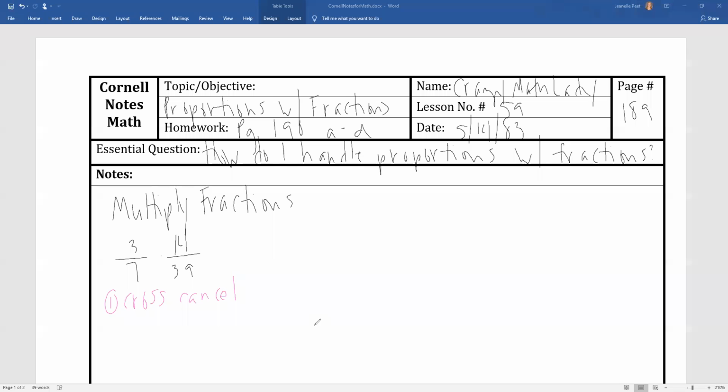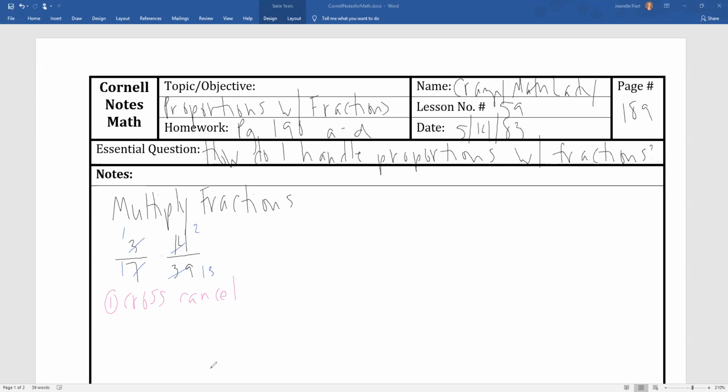I'm going to go numerator to denominator. So 3 and 39, I can divide 3 out of both of those. 3 divided by 3 is 1, 39 divided by 3 is 13. Now I'm looking between 7 and 14. I can divide a 7 out of both. 7 divided by 7 is 1, 14 divided by 7 is 2.